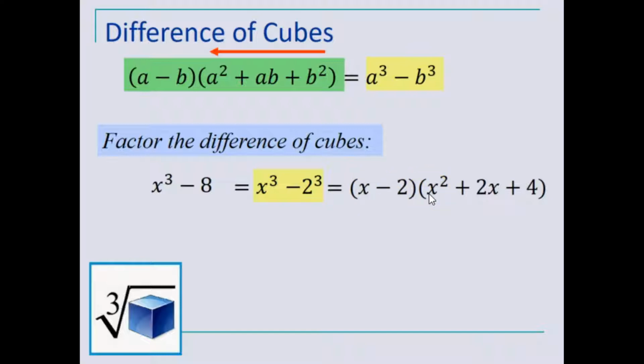Square of the first term, x squared, here, opposite sign, so we have a plus, product of a and b, 2 times x, plus our b squared, negative 2 squared is equal to 4, which gives us our factorization of a difference of cubes. Note that this trinomial is prime and cannot be factored further.